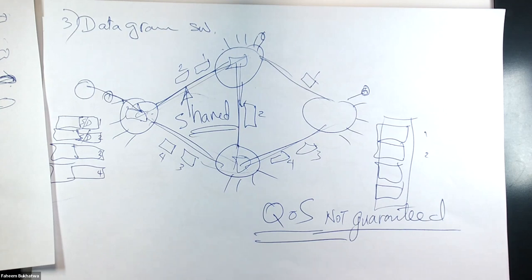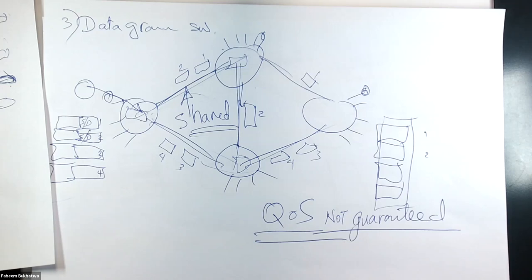Right, which one is more expensive? Which one is more expensive and which one is cheaper? The virtual circuit or the datagram? The datagram is more expensive. Why? Let me give you the reason. The number of users will decide. The more users you have, the cheaper it's going to be.